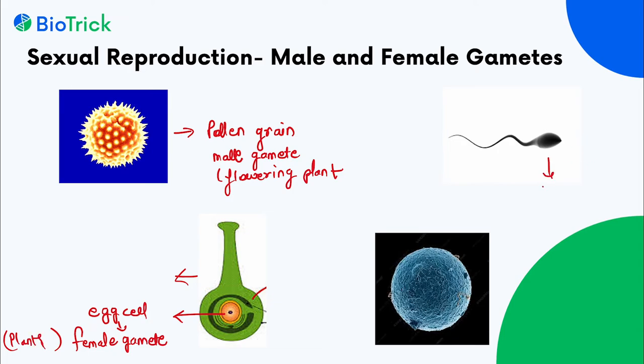Now this is a sperm. It is the male gamete of human beings. And this is egg or ovum. More specifically, we call it ovum. That is the female gamete of human beings.